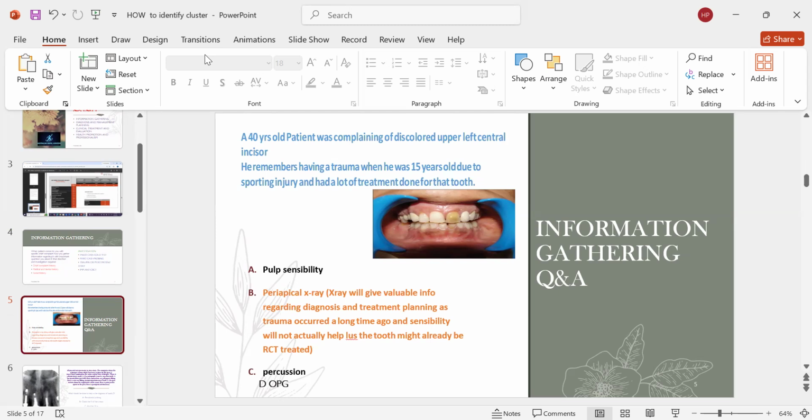Probability is very high that RCT has been done. When the trauma happened 15 years before, the tooth can be non-vital by now. So try to collect the different keywords given in the scenario. Which test will you do in this particular scenario? Please type in the chat box which test you need to do and why.